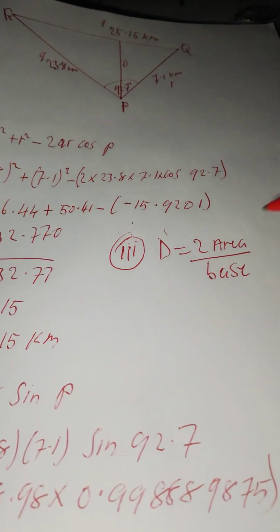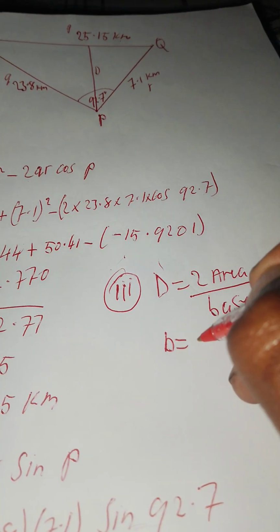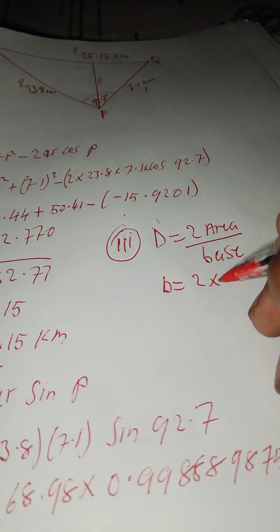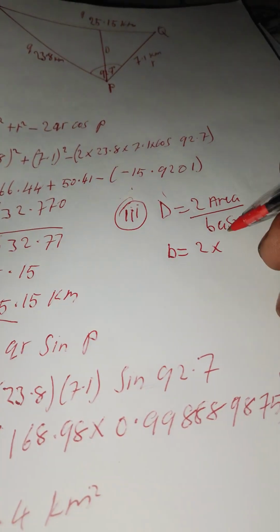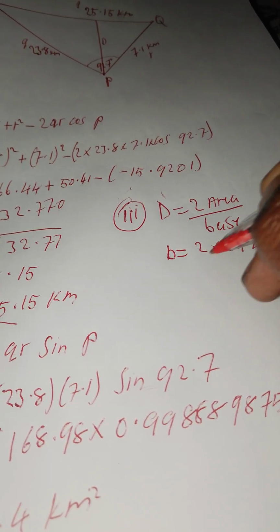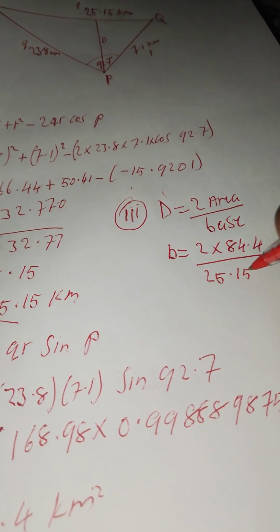Now we know the base and we know the area we've calculated. So we can substitute in the formula. Distance is equal to 2 times area, which is 84.4, over the base, which is 25.15.